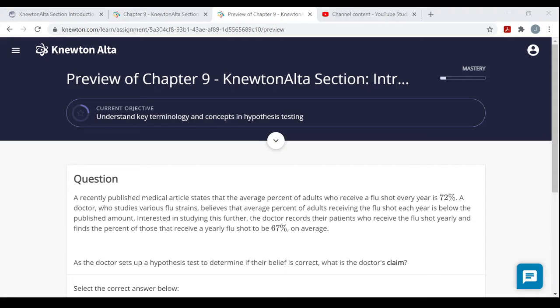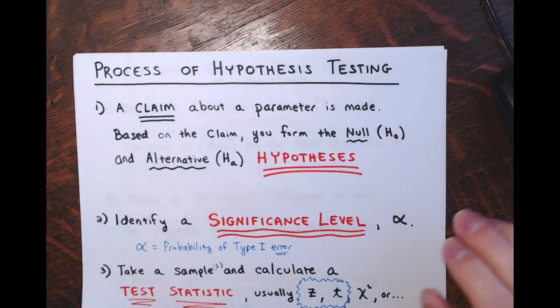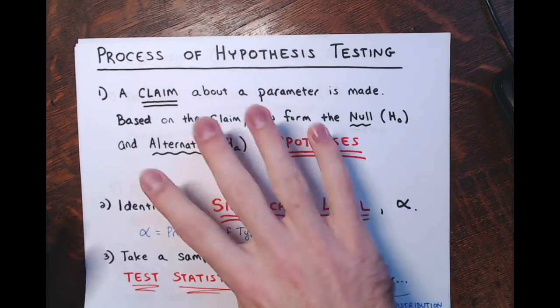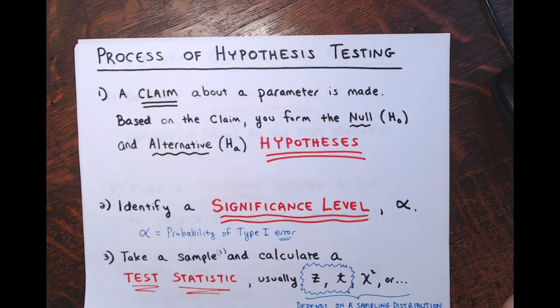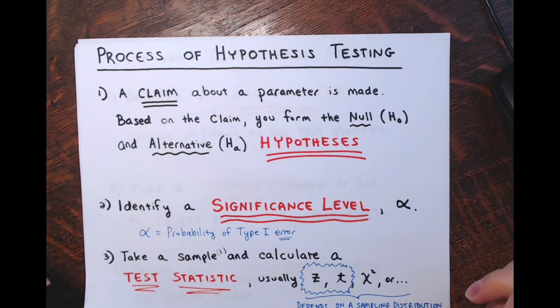When we perform hypothesis tests in later videos, I'm going to be following these same 6 steps every single time. This is the same page I had written out earlier in the first video. Just going to go over it again.